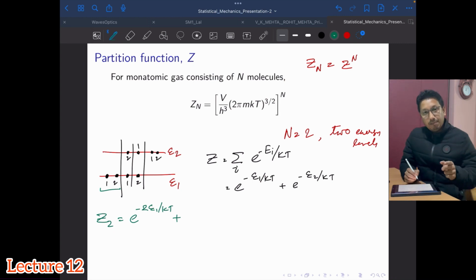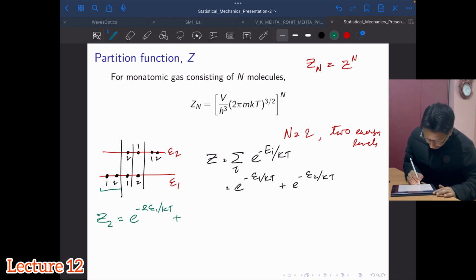In the second case, one particle is in the E1 state and another one in the E2 state, so it will be e to the power minus E1 plus E2 divided by kT.